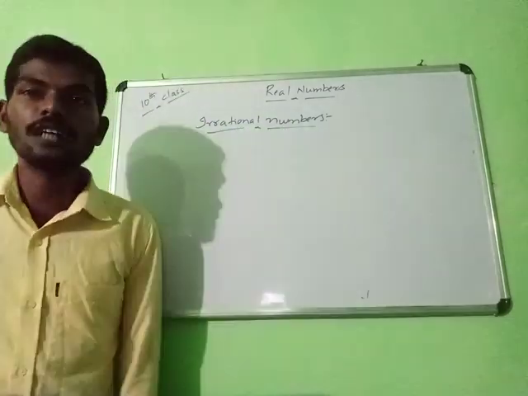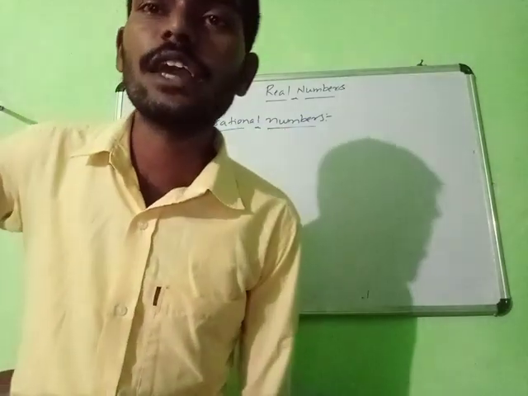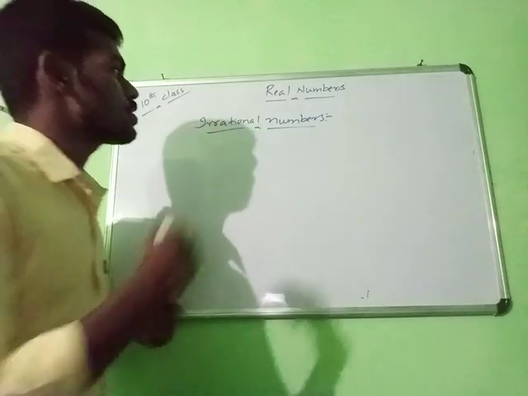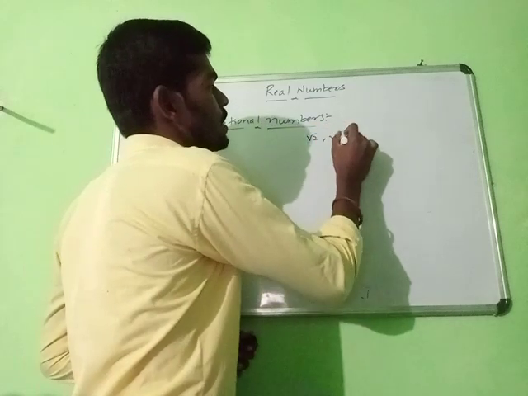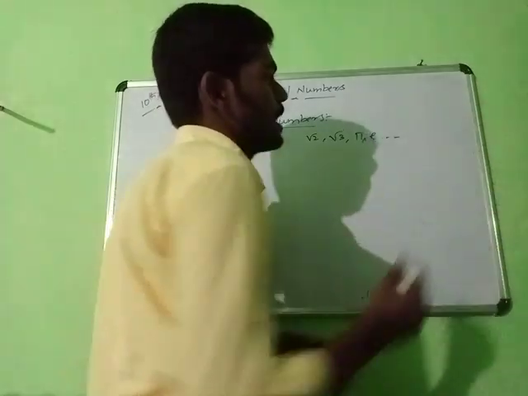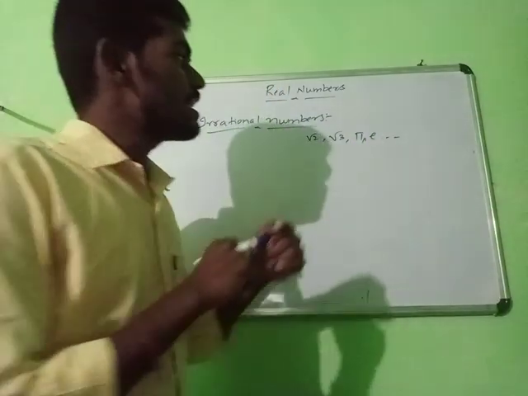The numbers which are not written in the form of p by q are called irrational numbers. Examples: root 2, root 3, pi, e, and so on. Here e is also irrational.